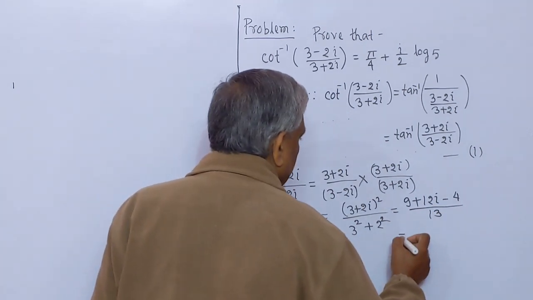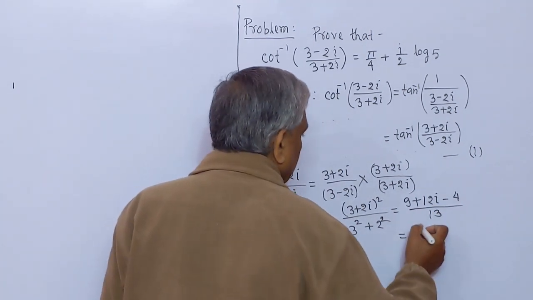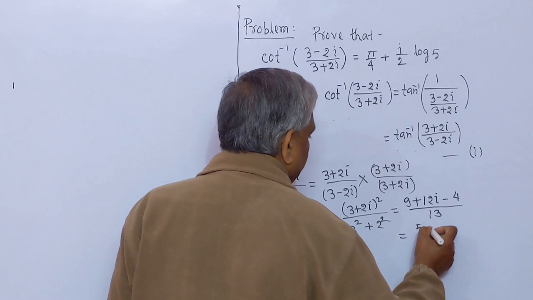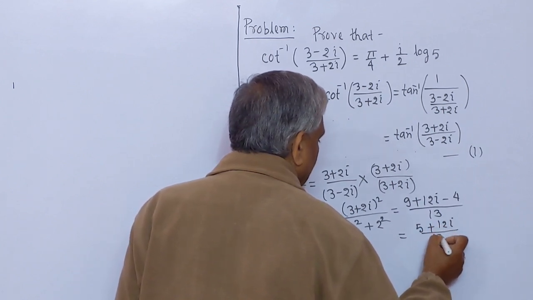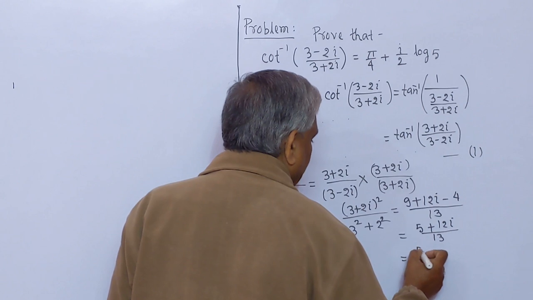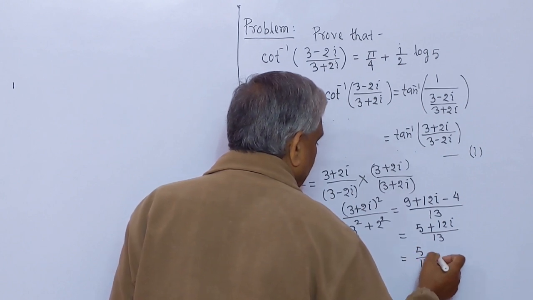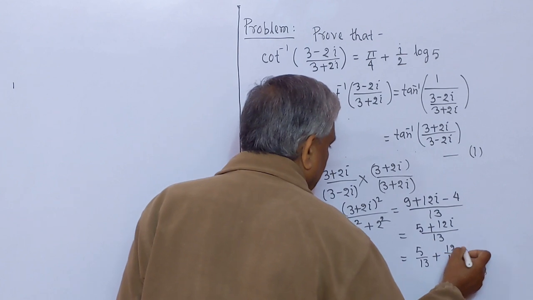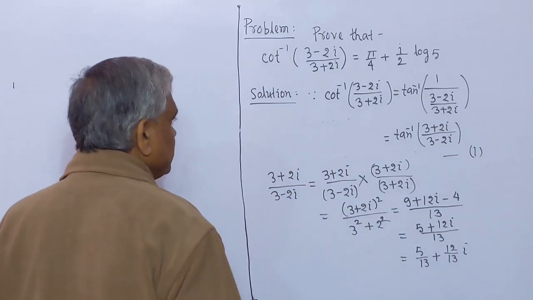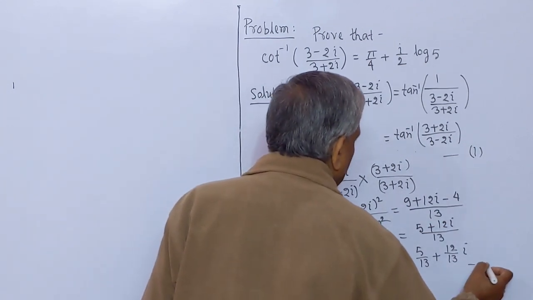This equals (5 plus 12i) by 13, which equals 5 by 13 plus 12 by 13 i. This is number 2.